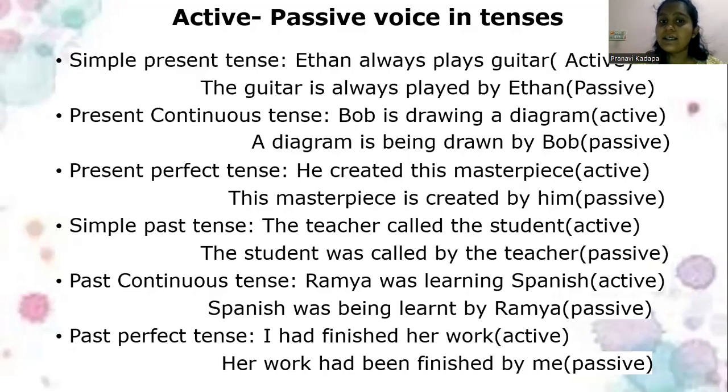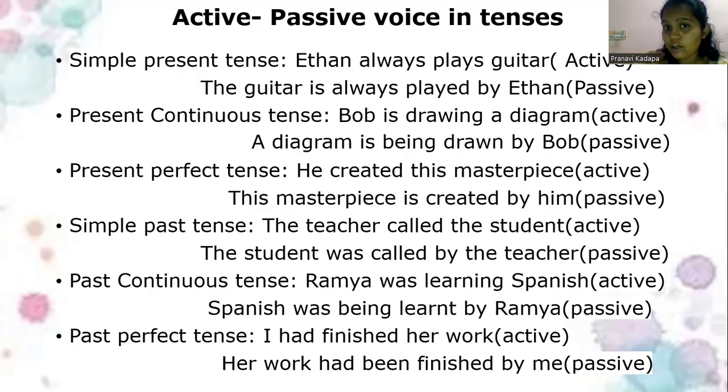Present perfect tense: He created this masterpiece. This masterpiece is created by him. Are you seeing any difference between these three tenses: simple present, present continuous, and present perfect? The only thing you have to observe in everything is how we use the auxiliary verb.